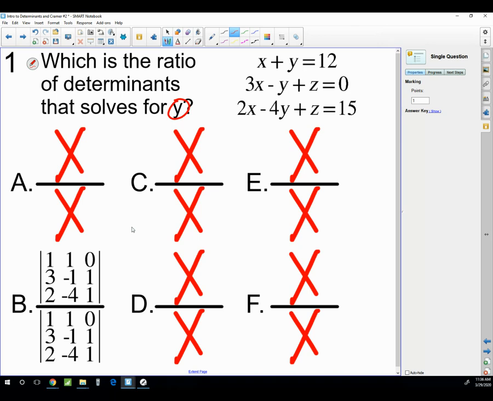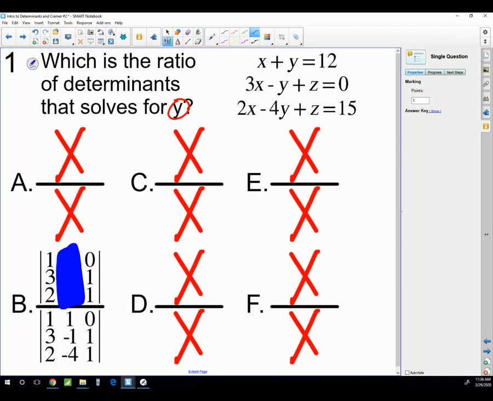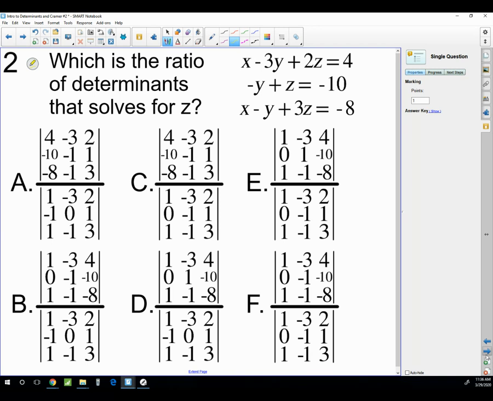It helps to pay attention. Then we would put in the constants 12, 0, 15. Have another one of these. Might want to pause the video and see if you can recognize the answer. I believe it is F. Keep in mind we have a 0 coefficient of x there. So, that is an issue.